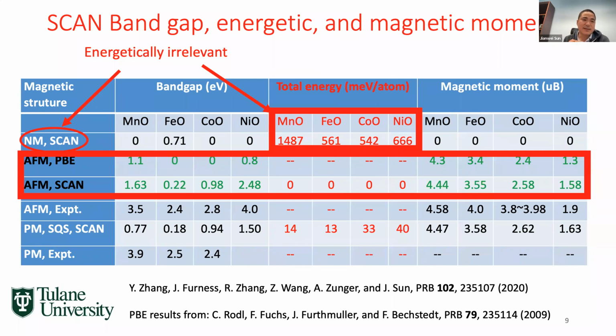So it's just energetically irrelevant for the experimental observations. So we think that when we try to study these compounds, the non-magnetic phase should not be used as a starting point. You should go with this paramagnetic phase. You see that for the paramagnetic phase, the total energy is only several tens of milli-electron volts above this AFM. So it's more reasonable.